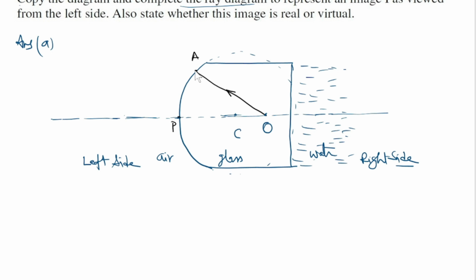To complete the ray diagram, I need to draw a tangent at point A. Thus, the normal at point A should pass through C. Next, this ray OA is traveling from a denser to a rarer medium, and hence we expect that it should deviate away from the normal.